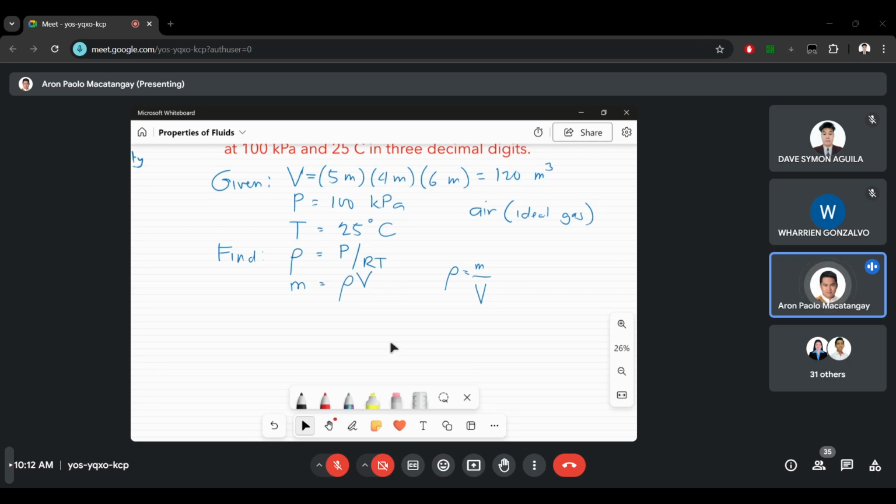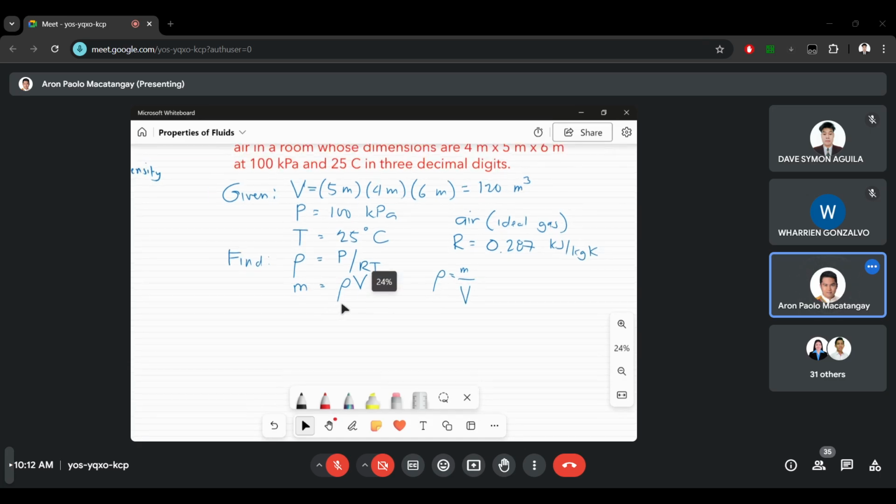Because of this also, since this is air, I have to write my gas constant, which we said equals 0.287 kilojoule per kilogram Kelvin.